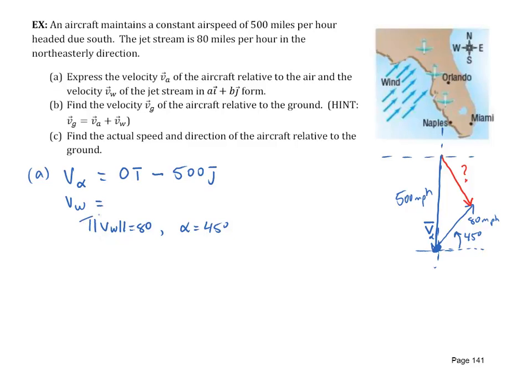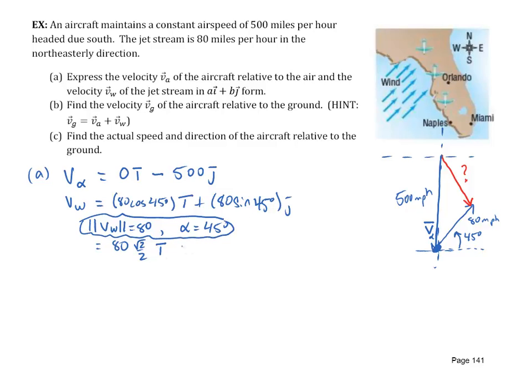Putting those two pieces together, this becomes the vector 80 cosine of 45 degrees i plus 80 sine of 45 degrees j, which gives us 80 square root of 2 over 2 times i plus 80 square root of 2 over 2 times j, or 40 square roots of 2 i plus 40 square roots of 2 j. So part B now asks us to do the following.